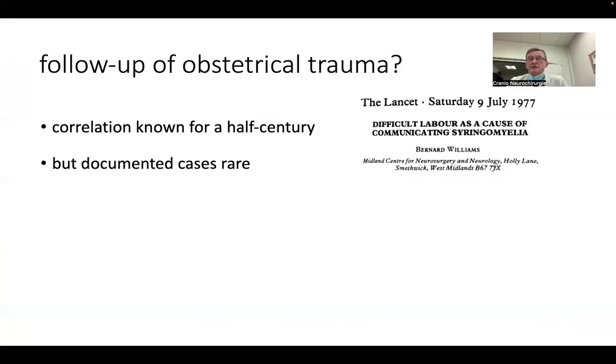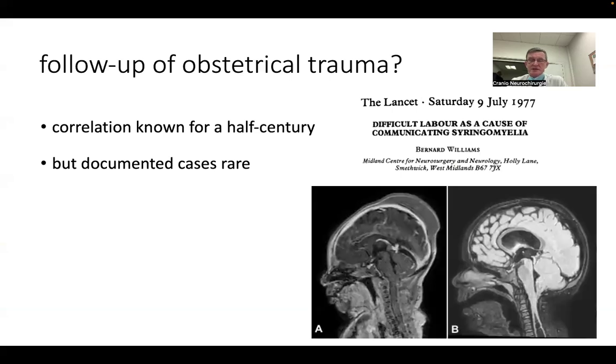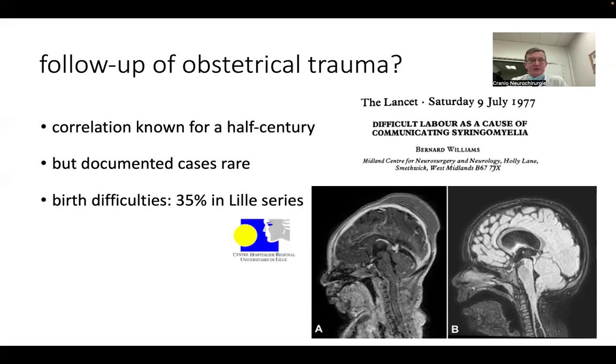Sometimes we have a chance of finding Chiari developing after obstetrical trauma in the follow-up of this patient. It has been well known for many decades now that there is an association between birth trauma and tonsillar herniation, but there are very few documented cases like this one. You see the bump at birth due to vacuum extractor, and you see the Chiari developing a few years later with a syringomyelia.